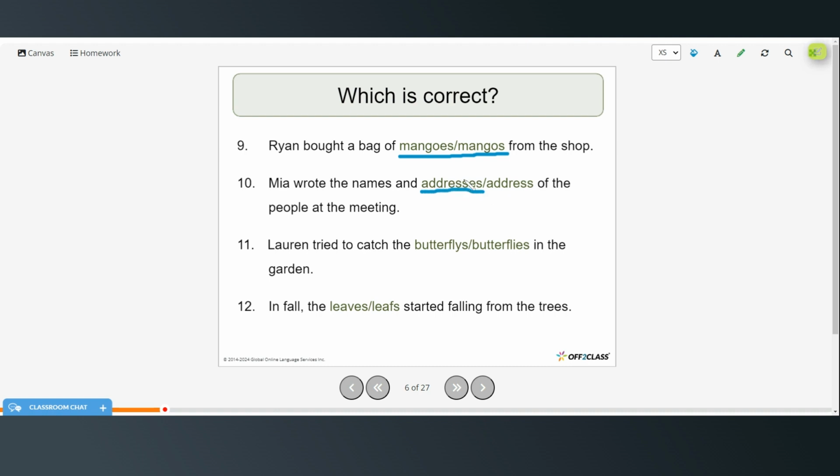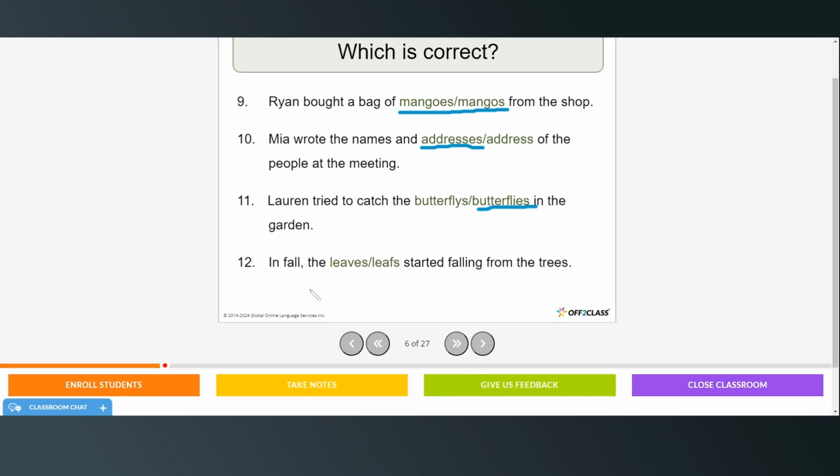So this is an SS, so you had to add an ES. The people at the meeting. Lauren tried to catch the butterflies. So we have a consonant plus a Y, so you change the Y to an I and add ES. And in the fall, the leaves started falling from the trees.